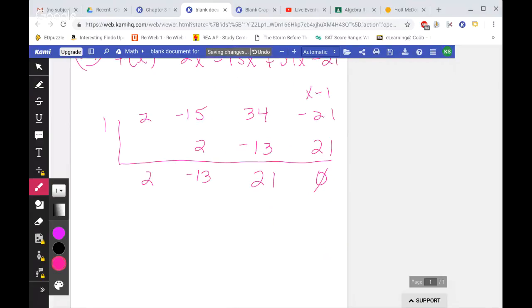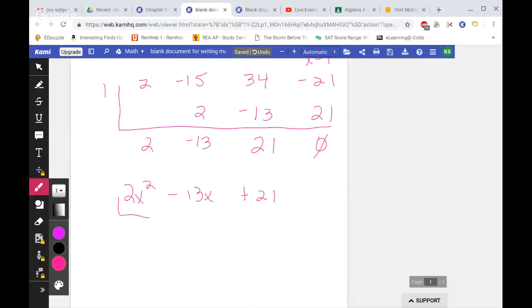So now we'll just add our variables to this: 2x squared minus 13x plus 21. And we're going to slide and divide on this one. So that's going to be x squared minus 13x plus 42.